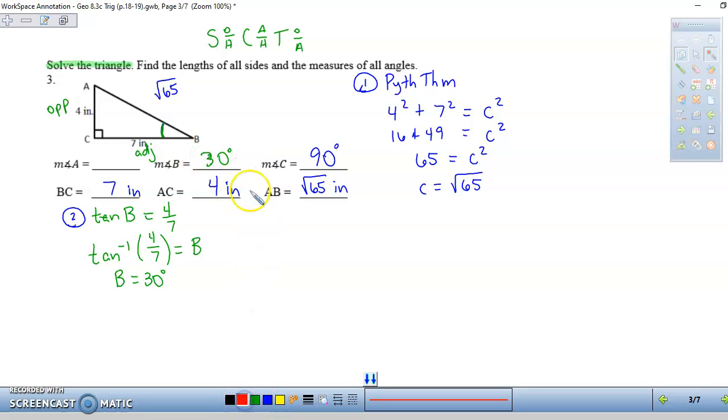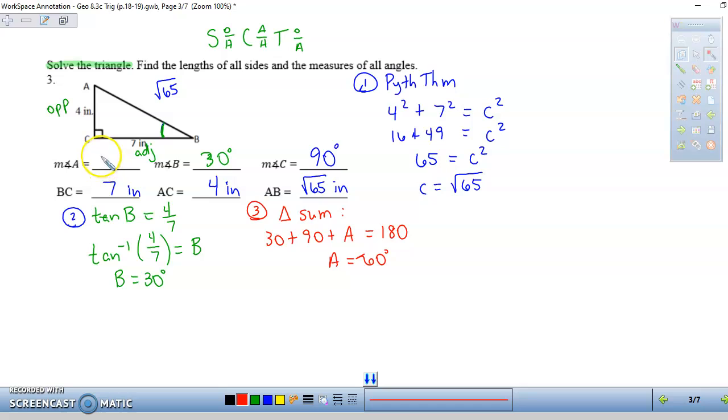All right, third, you always want to take the easiest route. So if I know this is 90 and I know this is 30, I can use the triangle sum to figure out angle A. So I'm basically going to say 30 plus 90 plus the angle A is 180, and therefore A is 60.